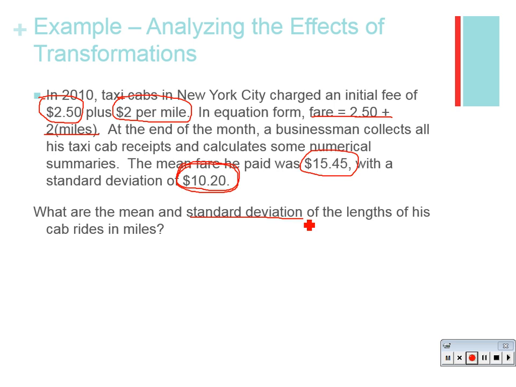So keep in mind that when we're talking about this equation here, $2.50 plus 2 times the number of miles that he drove, keep in mind what gets affected when we're talking about transforming data. So remember, the mean will get affected, and I'm just looking at this equation here, this fare equals $2.50 plus 2 times the number of miles.